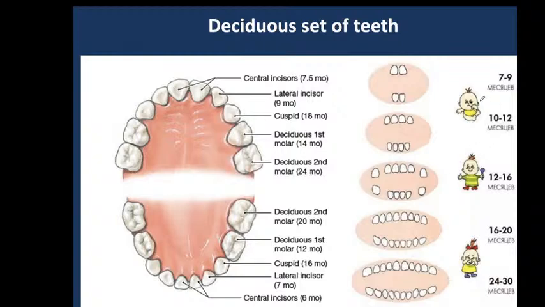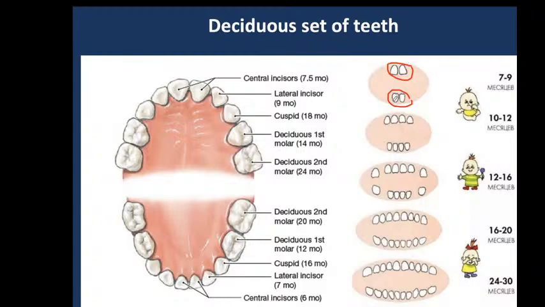They start to erupt from 6 months. Usually first come the incisors of the lower jaw, then medial incisors of the upper jaw.